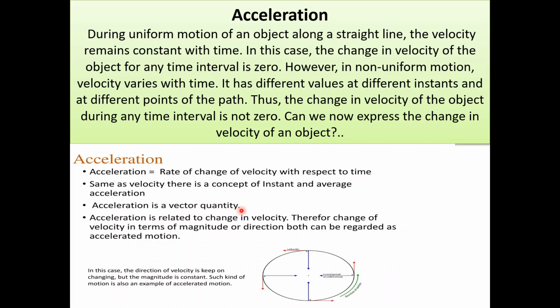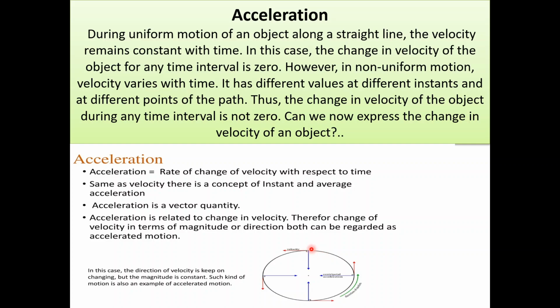So acceleration is the rate of change of velocity with respect to time. It is a vector quantity because it requires both magnitude as well as direction. Acceleration is related to change in velocity, in terms of magnitude or direction, so both are regarded as accelerated motion. Here you can see circular motion. The planets are revolving, the motion of the fan.